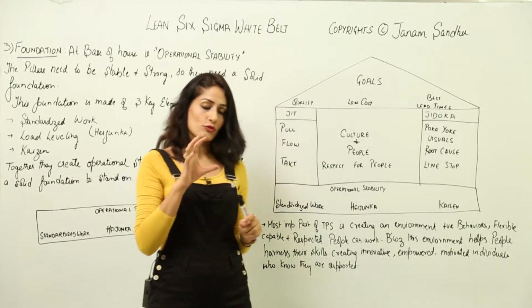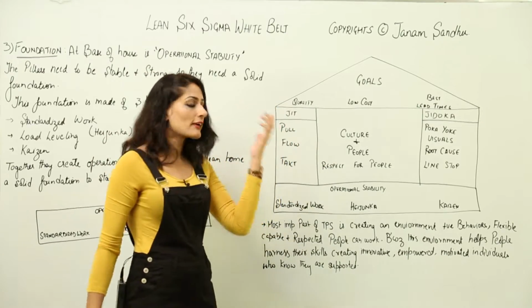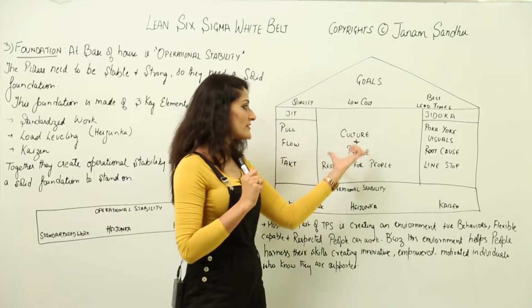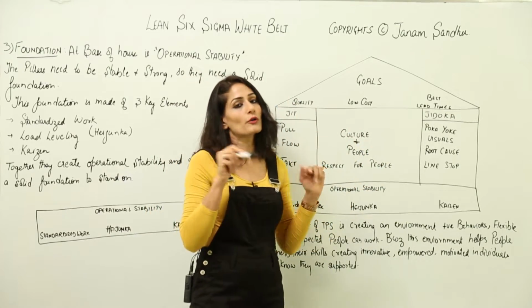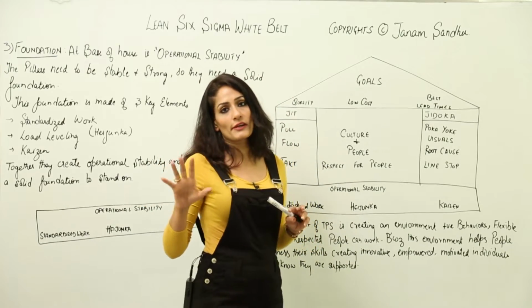The core of this home, or the heart of this home, is culture and people, and a culture which has respect for its people. Because if you miss this out, then your house would not be working. It would be a dead element, and Lean is not a dead element.